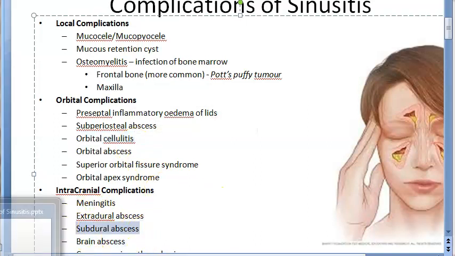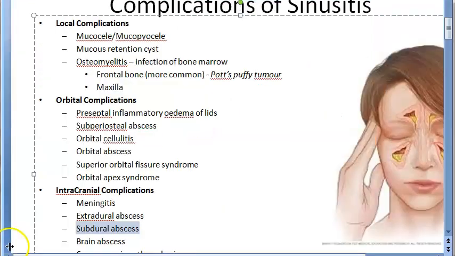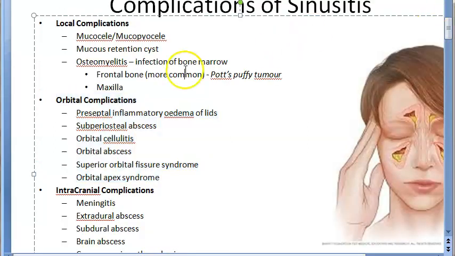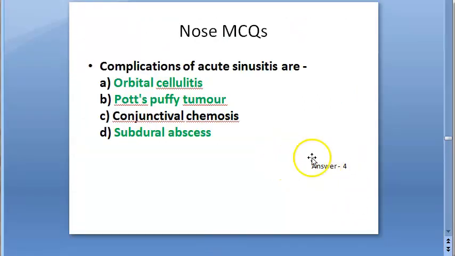So what is the question here? Orbital cellulitis is correct. Pott's puffy tumor is correct. Subdural abscess is correct. What about conjunctival chemosis? It has something to do with the orbit or the eye. There is no word like that here at least. Wait, but the answer here is actually all of the above.